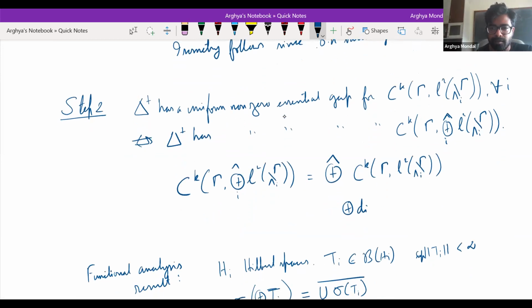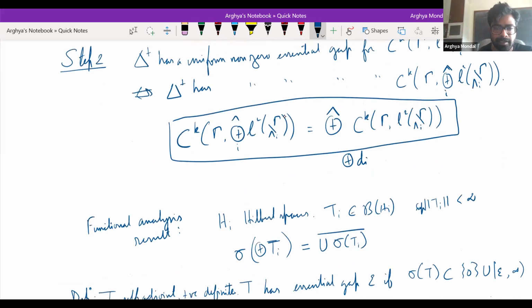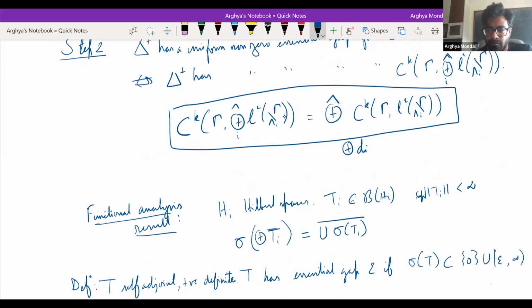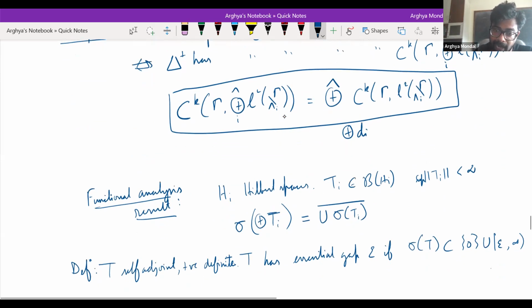So I can write this like this, and then I just apply a functional analytic result: if I have a bunch of bounded operators whose norms are uniformly bounded, and I look at the direct sum of these operators on the Hilbert direct sum of the Hilbert spaces, then the spectrum of the direct sum is the union of the spectrums of each operator, and then take the closure.